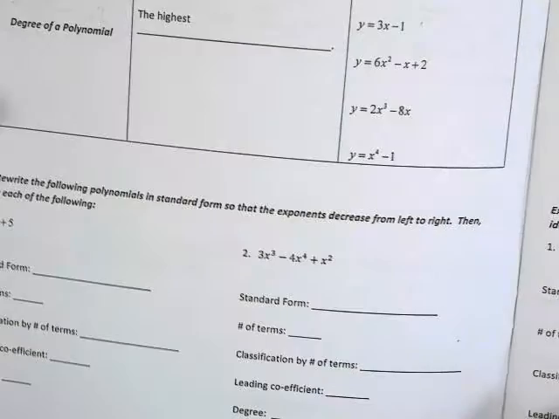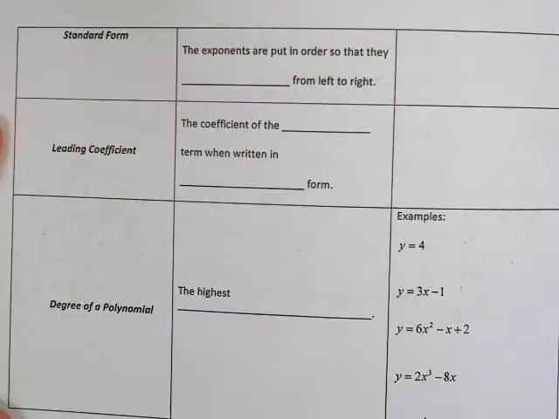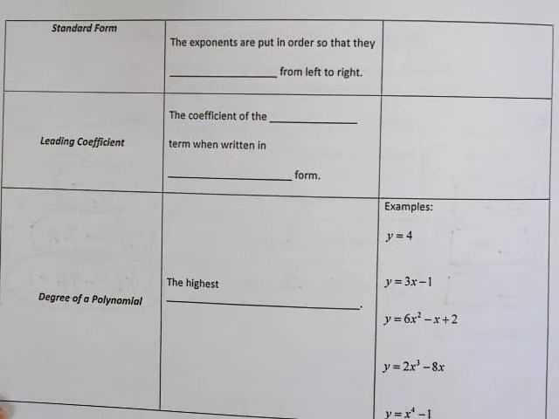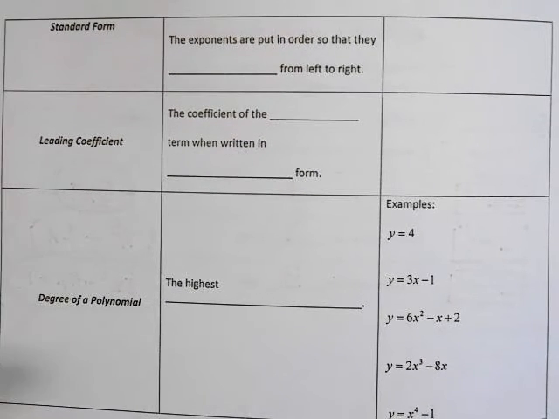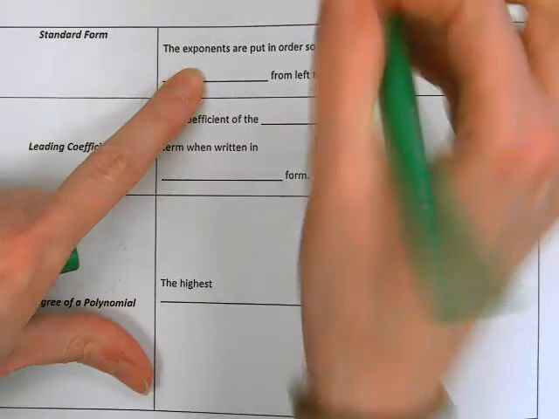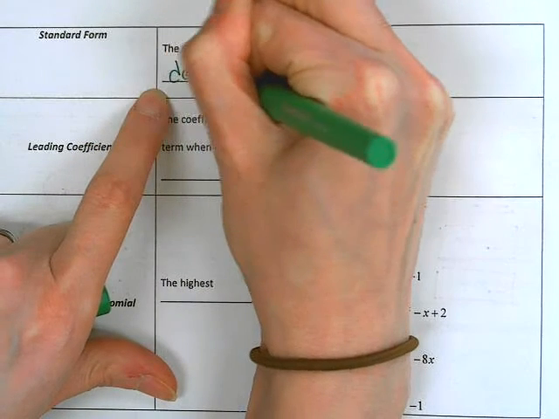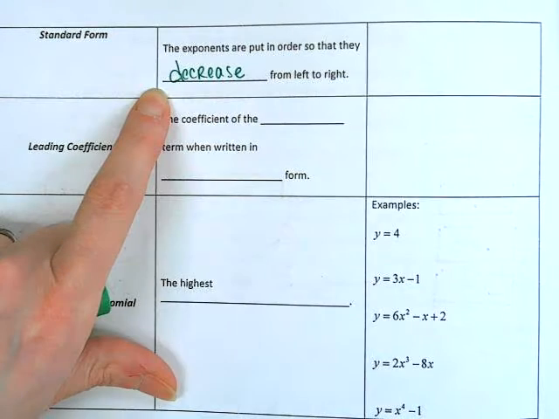Okay, turn it over and we have a little more vocab today. And then we are done. Okay, so standard form is when the polynomial is put in a certain order so that the exponents decrease from left to right.